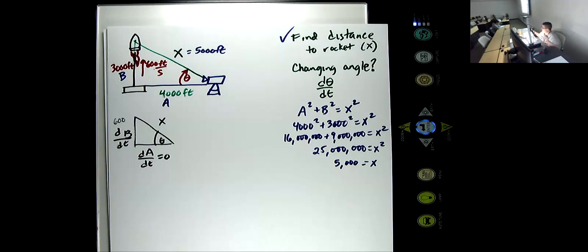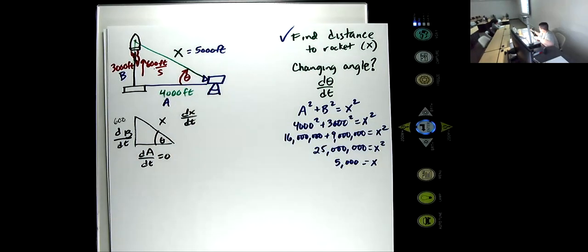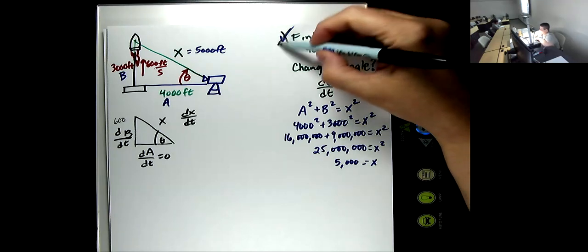Oh, yeah, it asks us to find the speed, it asks us to find dx dt. You're right, it did. How fast is this distance from the television camera to the rocket changing? That was not what it asked us.